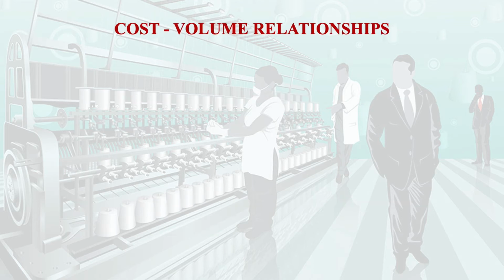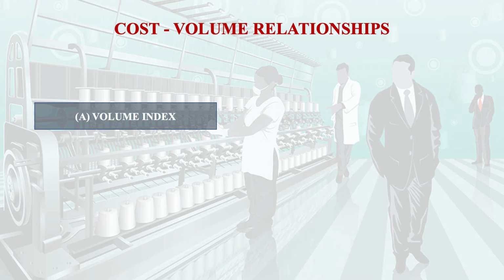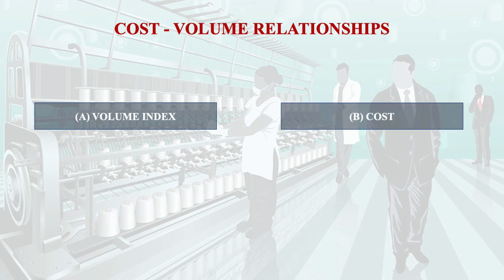Now we will talk about the relationship between cost and volume. It is defined with the help of two terms: first is called the volume index and second is the cost. Under cost, we will study different types of cost. So first we will take the volume index.